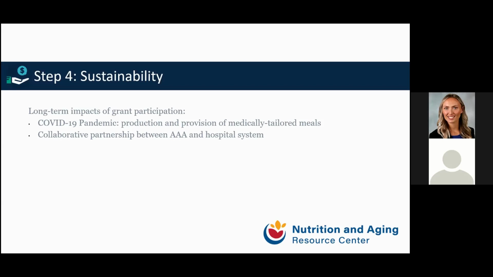Today, there's a partnership where the AAA has a paid individual, that the hospital pays for, embedded in the hospital, who gets the referrals and everything set up. This way, they were telling me that they have been able to provide more services, and the utilization, the bouncing back to the hospital for these individuals, has really come down. So that has been an incredible partnership and what we've come out of from this grant.